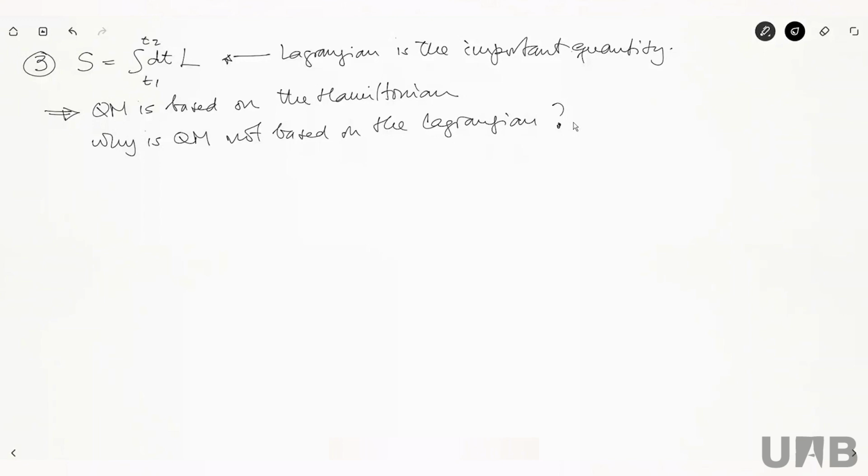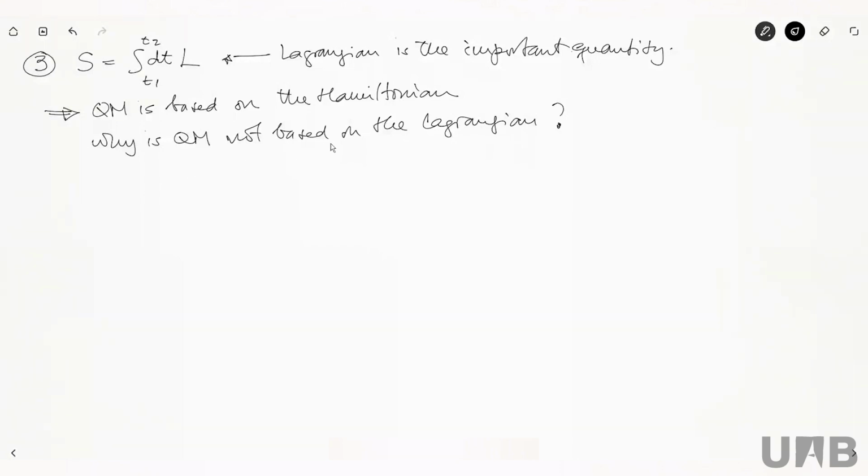So this is not enough. The fact that the Hamiltonian sometimes is related to the energy is not really the answer. The answer is that it is not true that quantum mechanics is not based on the Lagrangian. It's only the version of quantum mechanics that you guys have seen that is based on the Hamiltonian.